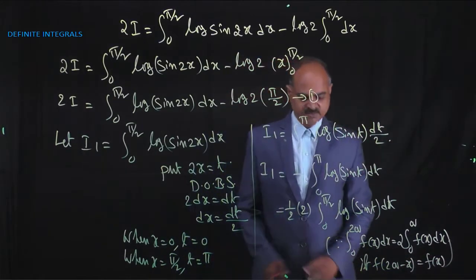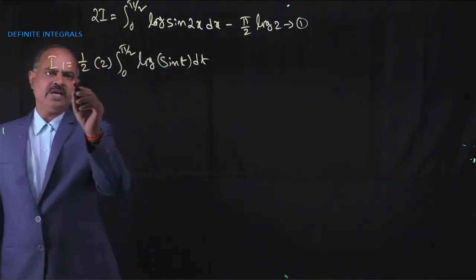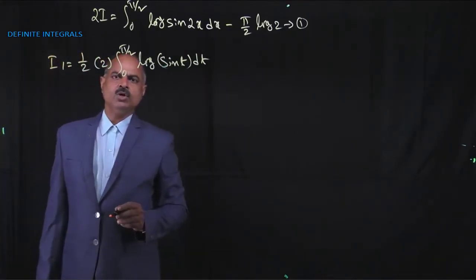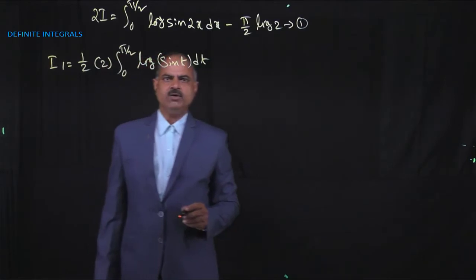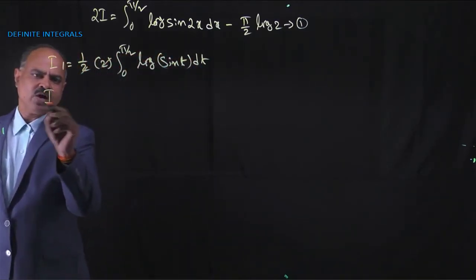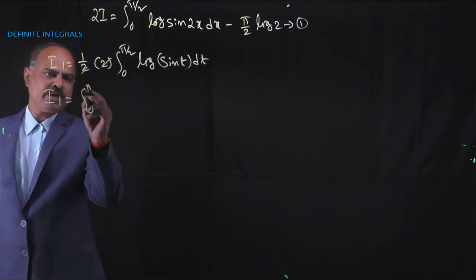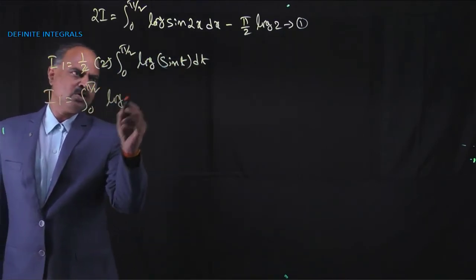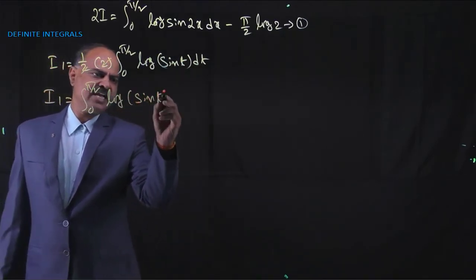Next, I1 equal to 1 by 2 into 2 into integral 0 to pi by 2 log sin t dt. So here this 2 and 2 get cancelled. So I1 equal to integral 0 to pi by 2 log of sin t dt.